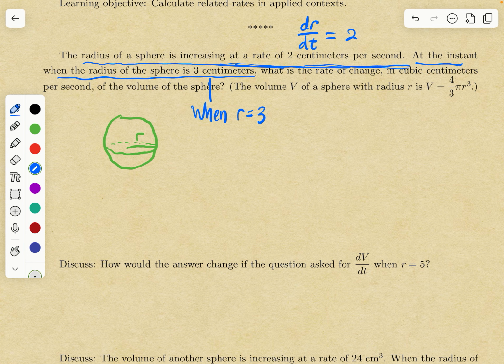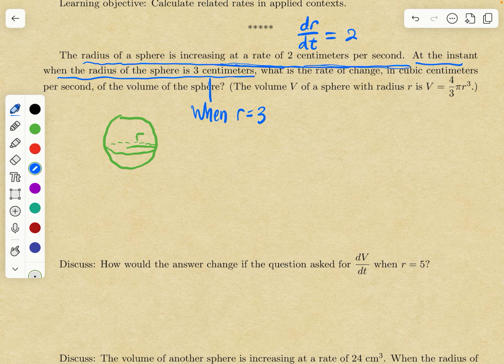So what's another, more mathematical way of saying the rate of change of the volume with respect to time? The derivative is the rate of change. So just as the rate of change of the radius over time is dr/dt, the rate of change of the volume is dV/dt.